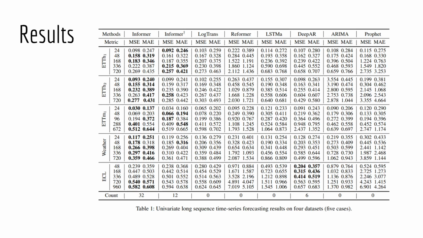Here is a quick overview of the results found from this paper. As you can see, when looking at univariate long sequence time series forecasting over multiple different datasets, the Informer model tends to work the best. They also tested how well the Informer model works with regular self-attention instead of the proposed ProbSparse self-attention to show that it did, in fact, make the model better.